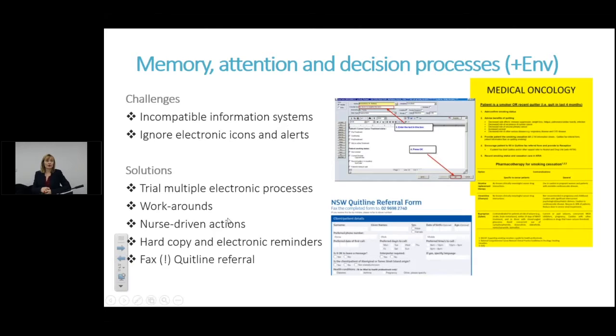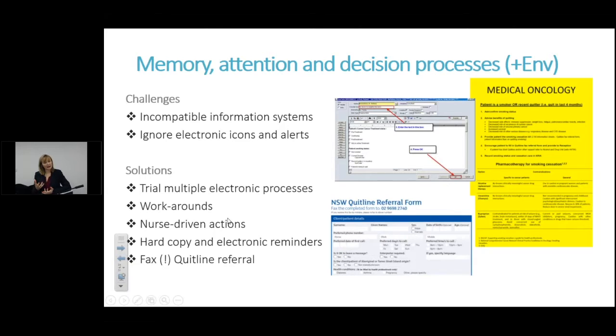We ended up with both hard copy and electronic reminders, so that yellow sheet there was something that the nurses physically gave to the patient to take into the doctor. And we also had to stick with a fax system for getting people referred to the quit line.